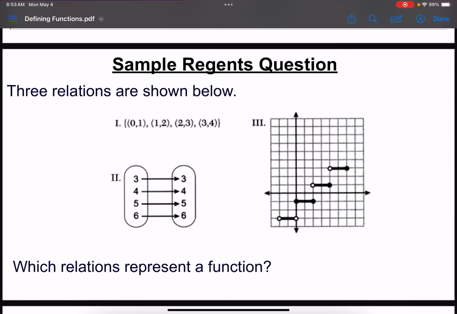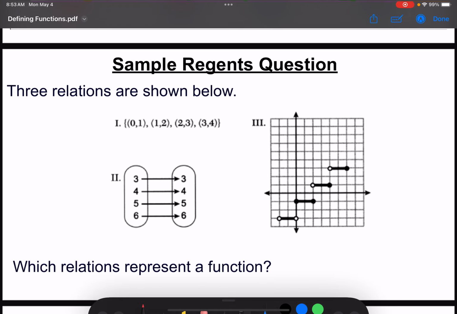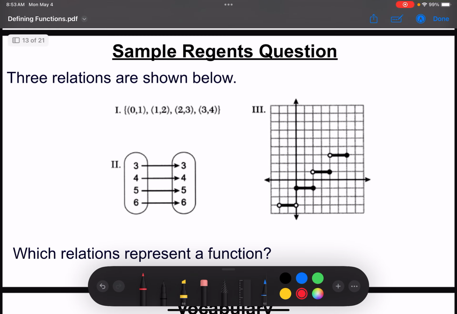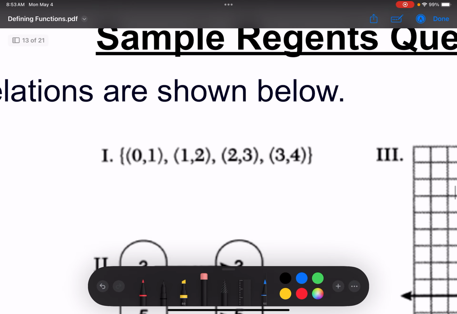So let's very quickly do a little sample Regents question at the bottom. This is also in your interactive notebook. So you're given 3 relations shown below. So we have a set of coordinate pairs, we have a diagram, and we have a graph. And the question is, which relations represent a function? So let's look at the set of ordered pairs first. We have to look at the x values.